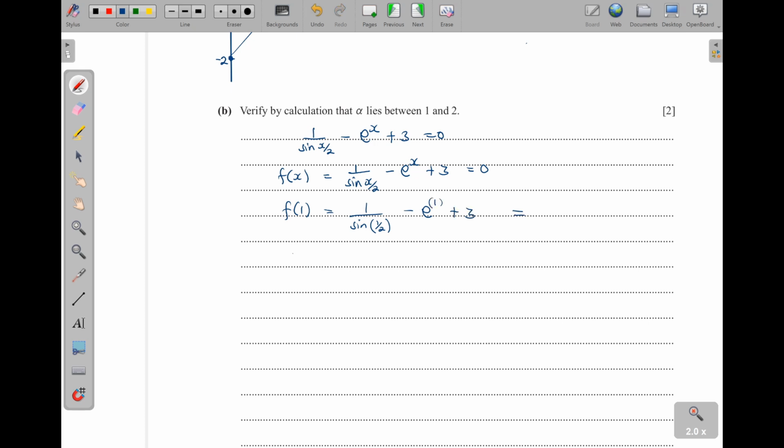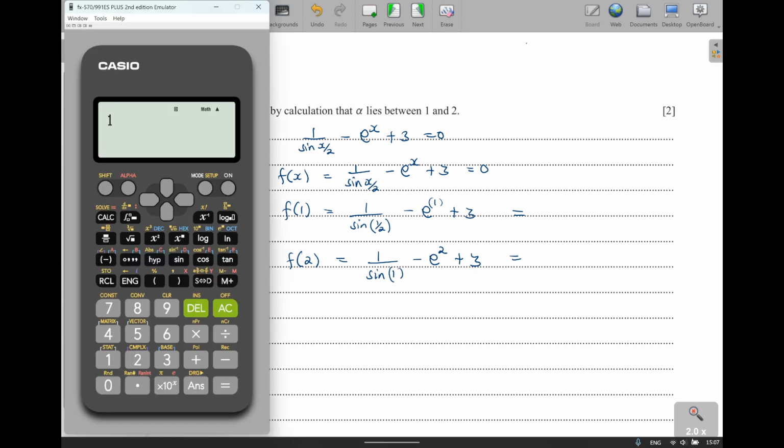And then also f of 2: 1 over sine of 2 over 2, which is of course 1, minus e to the power of 2, plus 3. So we put it in the calculator. My calculator is in degrees, so I need to change it to radians. I press shift, then mode, radians is 4. Then I come back here, 1 over sine of 0.5.